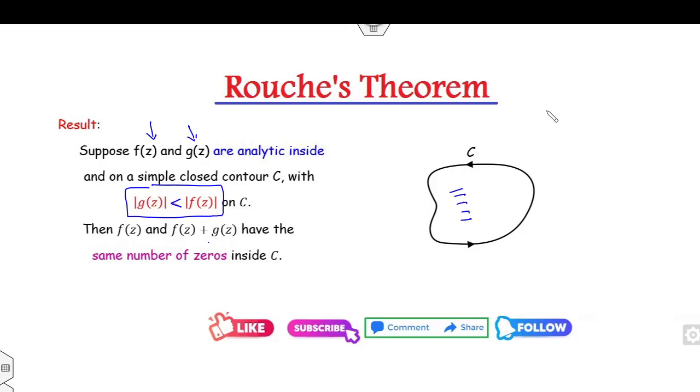Make sure, students, if you prove that the absolute value of f(z) is less than the absolute value of g(z), then you can say g and f plus g both have the same number of zeros.